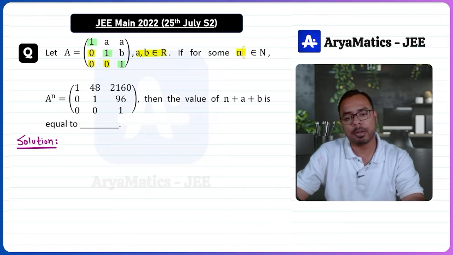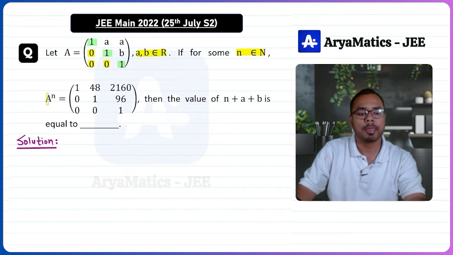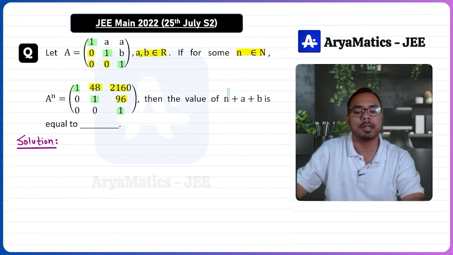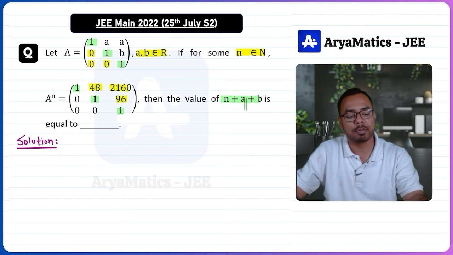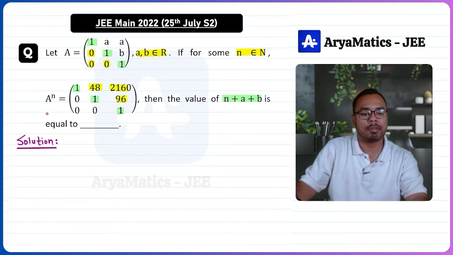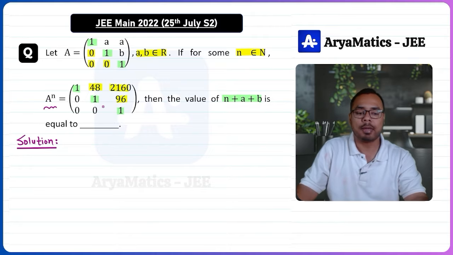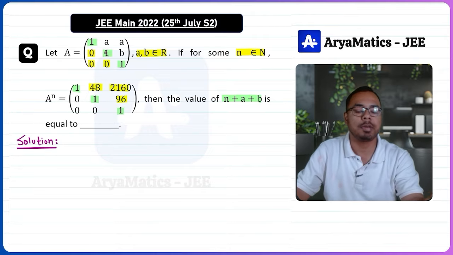If for some n belonging to the natural numbers, matrix A raised to n is this matrix where on the diagonal we have 1 1 1, the elements above the diagonal are these three elements, and elements below the diagonal are 0, then we have to find the value of n plus a plus b. So basically here we have to calculate this matrix A raised to n in terms of n, and then by comparing the corresponding elements, we need to get the value of n, a and b.